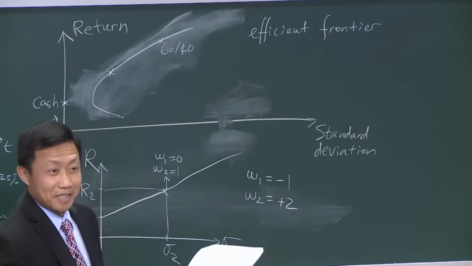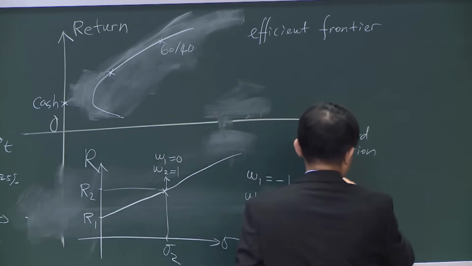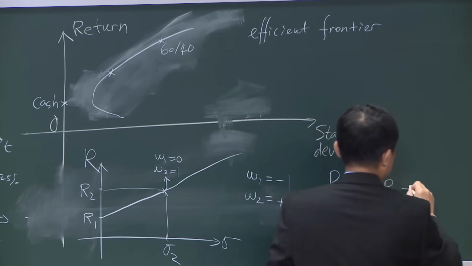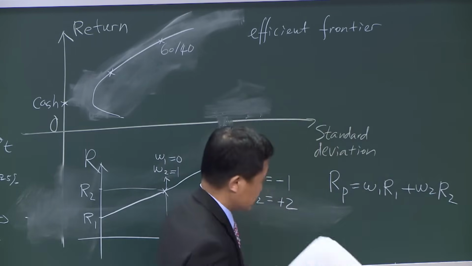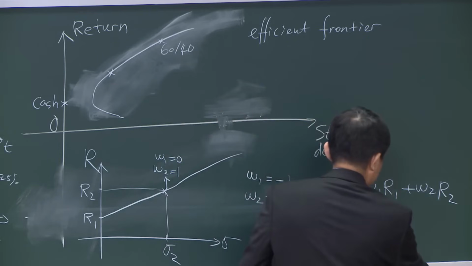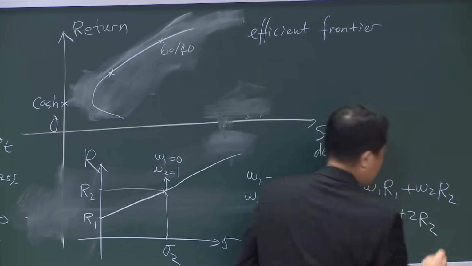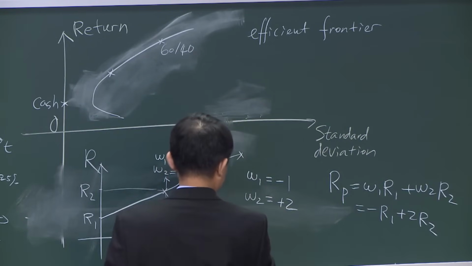What does the return look like when you do this? RP equal to W1 R1 plus W2 R2. So minus R1 plus 2R2. That's your return. It's this point here.